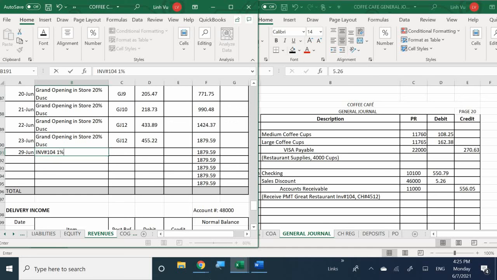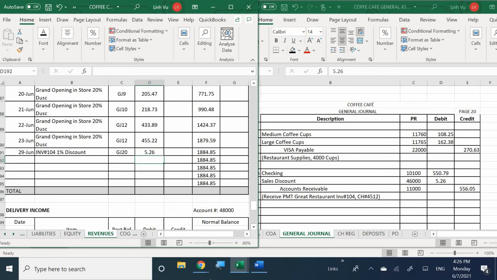Discount, General Journal 20, for $5.26, which brings our running total discount to $18.84 and 85 cents. Good.